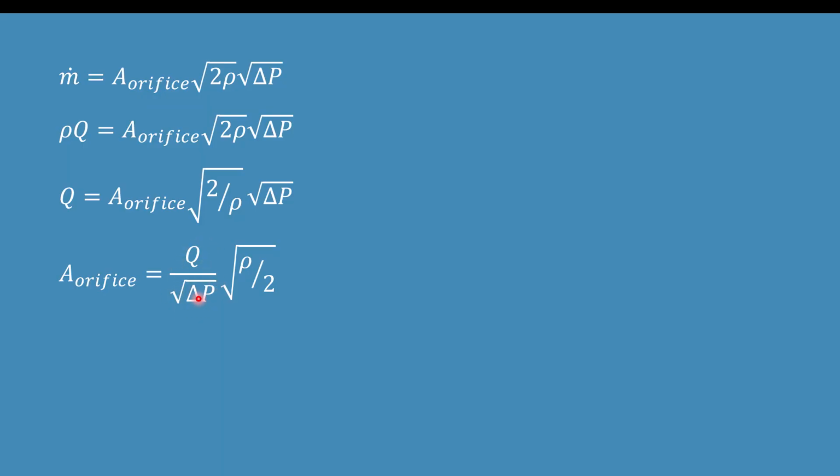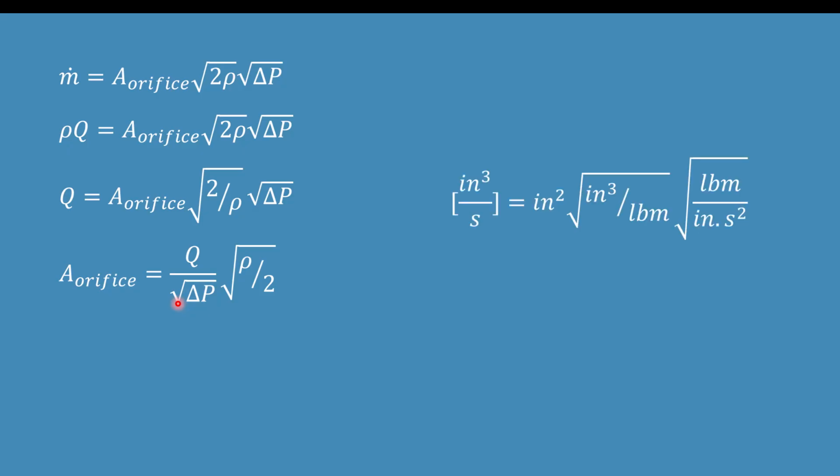But right now, I cannot simply put CV instead of these terms. And the reason behind it is that we must use a consistent set of units. As I defined CV, Q was in GPM and delta P was in PSI. And since there is some difference in the units, I cannot use CV directly in this formula. And for this formula to be consistent, here I write this formula in its units.